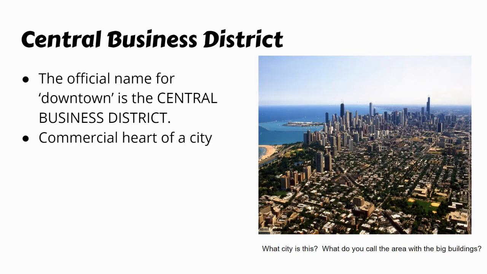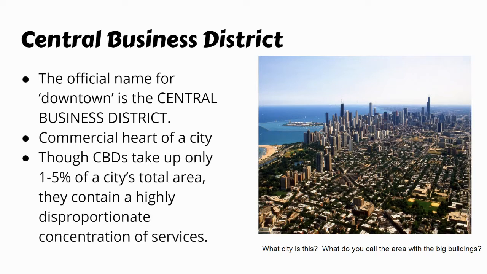The CBD is this commercial heart of a city. What's really interesting about CBDs is that they tend to be really small in comparison to the size of the overall city, but they contain a highly disproportionate concentration of services, right?